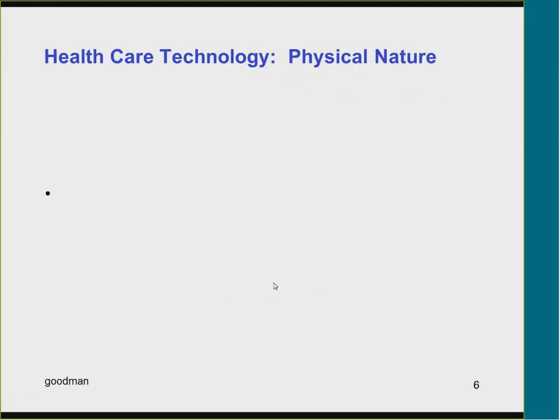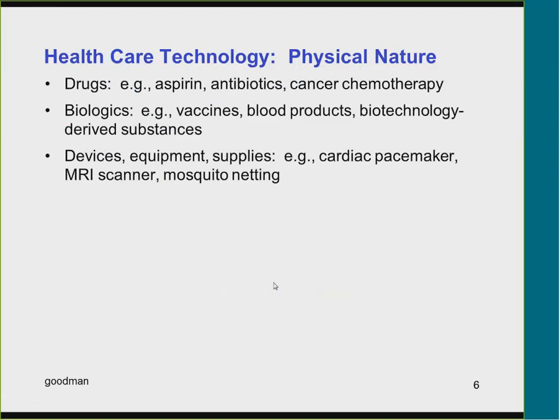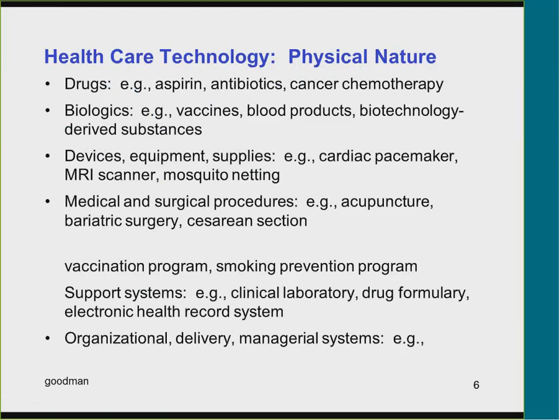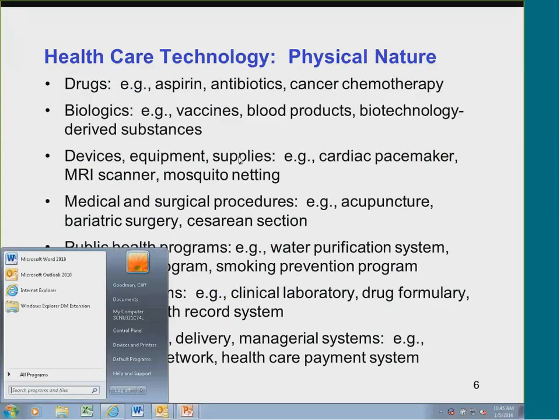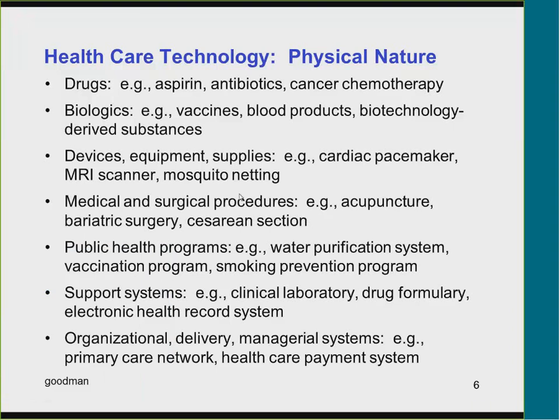Now, when we think about healthcare technology, I want to emphasize something. When we do work in HTA, health technology assessment, look at how broad we consider to be health technology. Yes, it's drugs. Yes, it's biologics, including vaccines and so forth, devices, equipment, supplies. And it's not just high-tech or low-tech. This can be anything from a pacemaker to an MRI scanner to mosquito netting. It's also medical and surgical procedures.